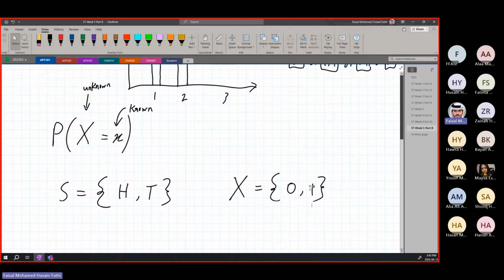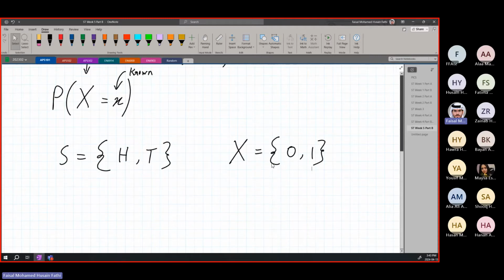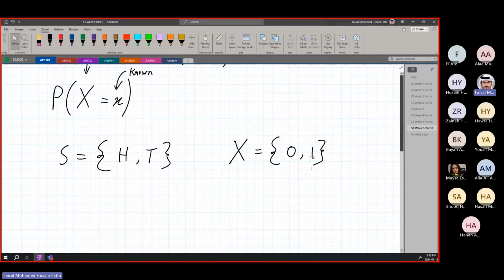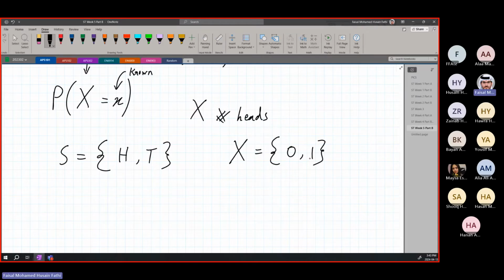So the possible number of heads, if you notice here, we can either get it as tails, which is 0, or we can get it as heads, which is 1 head in this case. Okay, so this is basically saying the number of heads. We're saying that x is the number of heads we're getting. All right? So we can either get it as a 0, as in there's no heads at all, or we can get it as a 1 where there is a head.